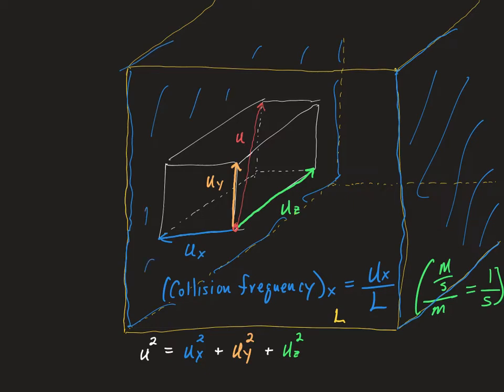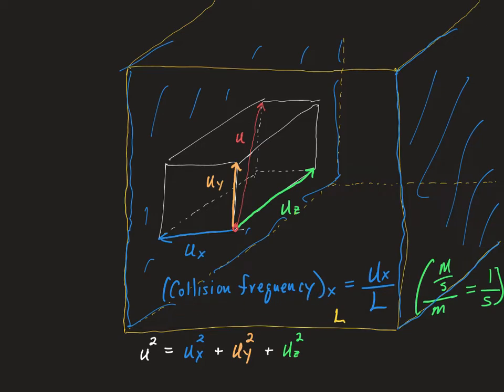And so we're only at first going to talk about collisions with the particle on this side of the box and on this side of the box. That is, those caused by movements in the x direction. And so we can express the collision frequency.